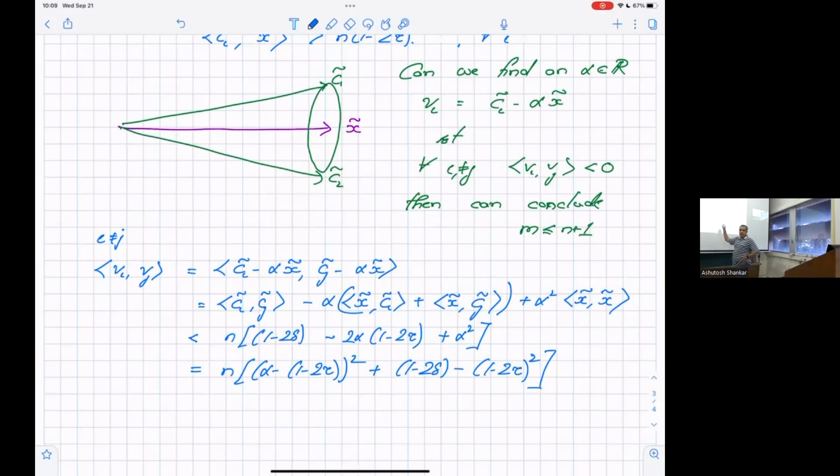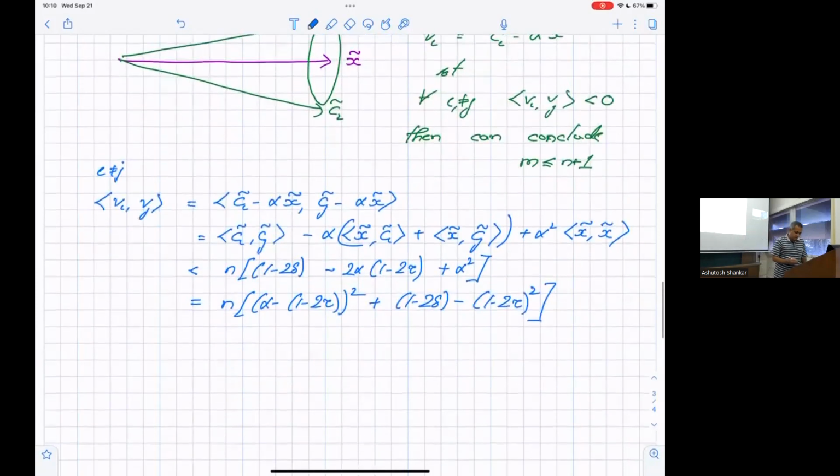You want to make it as negative as possible, so let's choose alpha to be 1 minus 2 tau, so this term vanishes. Now choose tau such that 1 minus 2 delta is less than 1 minus 2 tau whole square.